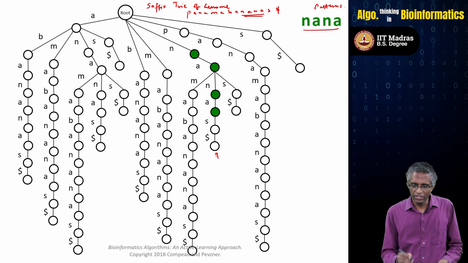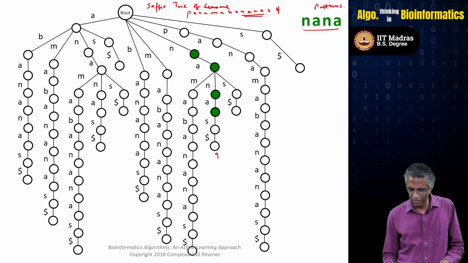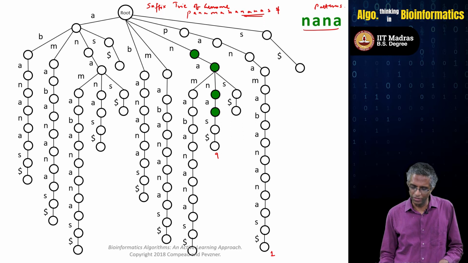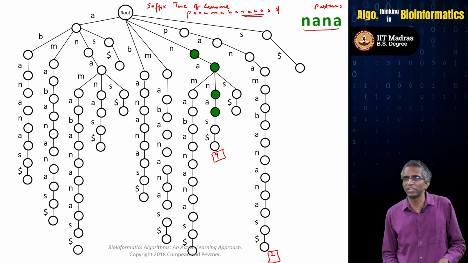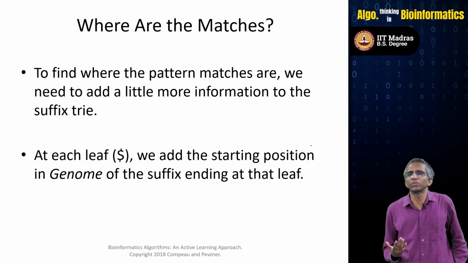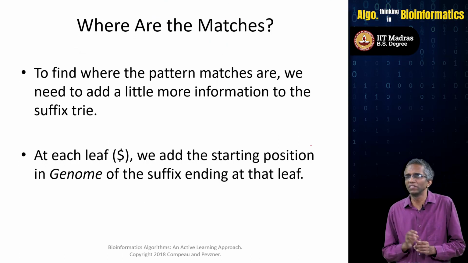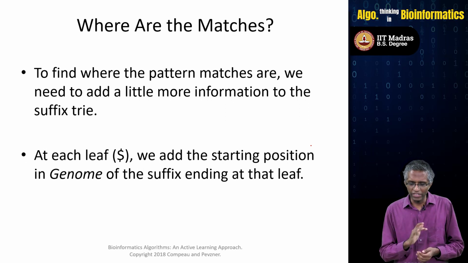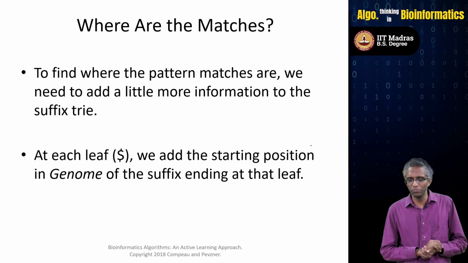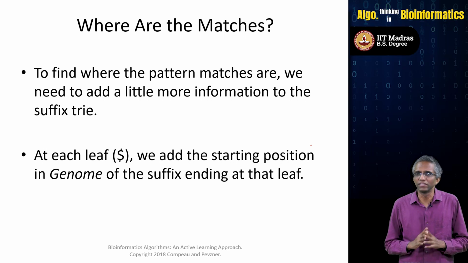And the Panama bananas dollar is the full string, and that is starting at location 1. Maybe I can say here that this is location 1. So the final node will have an additional attribute that will store the location where these suffixes begin. To find where the patterns are matching, we'll add this information. At every leaf we add the starting position in the genome of the suffix ending at that leaf.